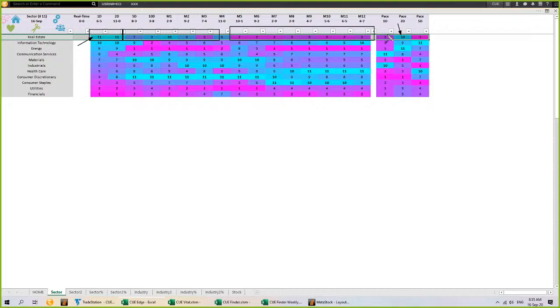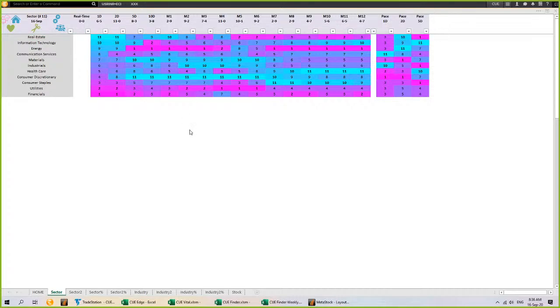The pace columns show acceleration using cyan color, deceleration using magenta color. In any case, from the scorecard also we can see it is improving nicely. The scorecard shows relative strength and uses the magenta cyan color scheme.